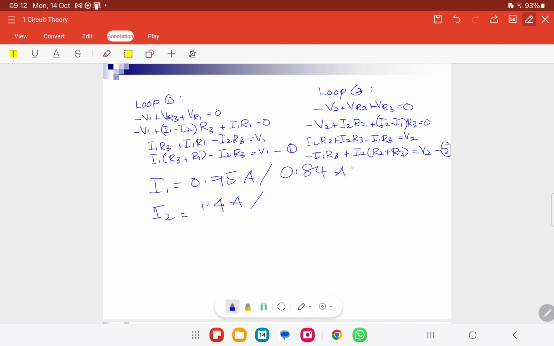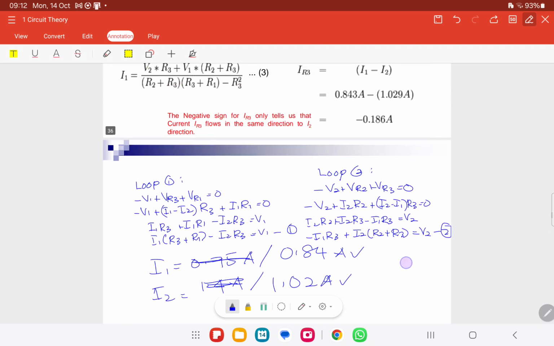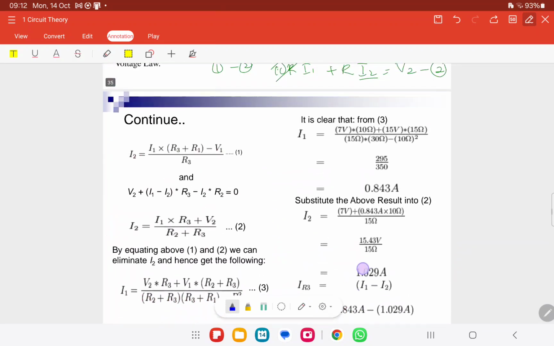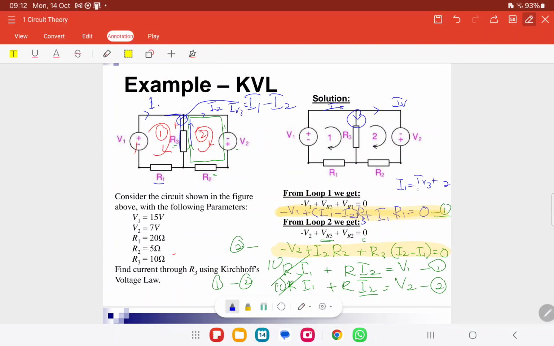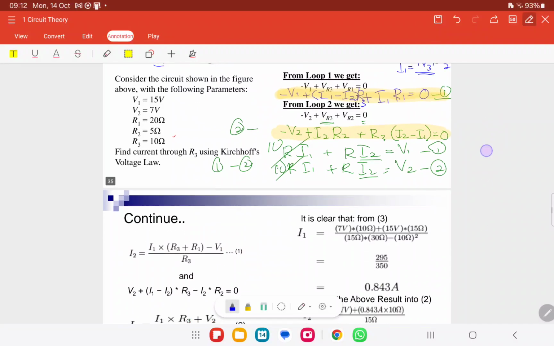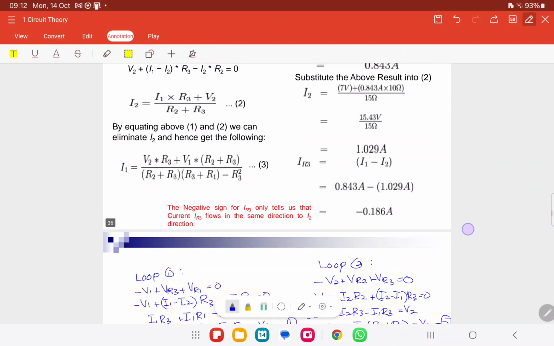Itu dapat 1.02, yes. Okay. So yang ni okay. And then lagi satu I adalah I yang kat tengah ni, IR3. Okay, IR3 berapa?